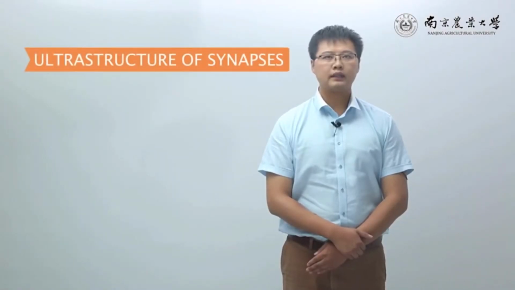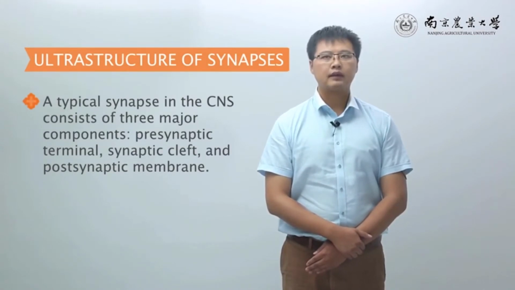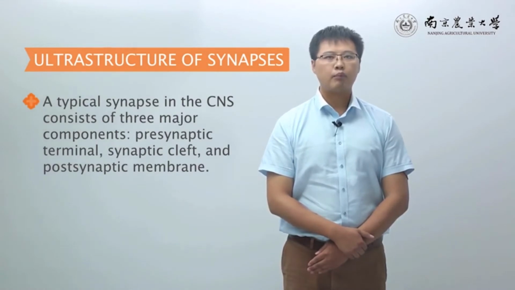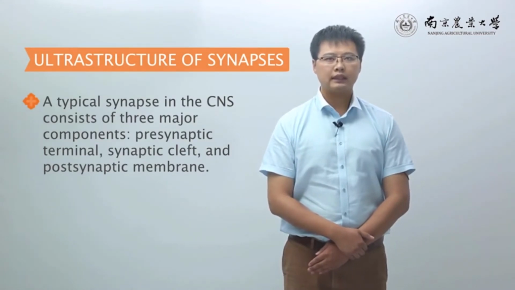Then we will see the ultrastructure of synapses. A typical synapse in the central nervous system consists of three major components: presynaptic terminals, synaptic cleft, and postsynaptic membrane. The presynaptic terminal aligns close with the postsynaptic membrane of the target cell.